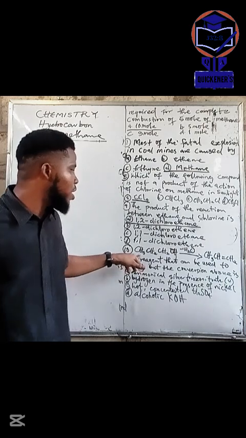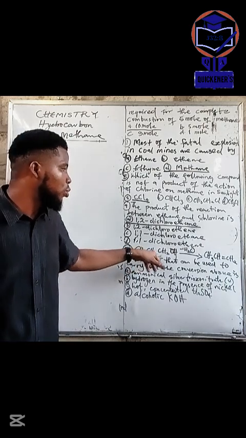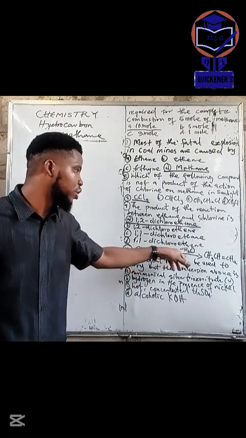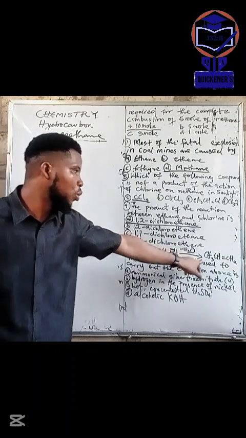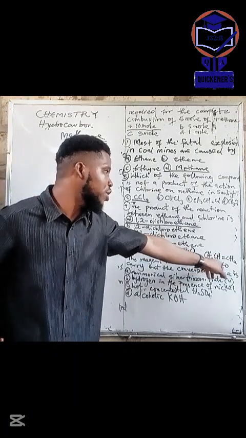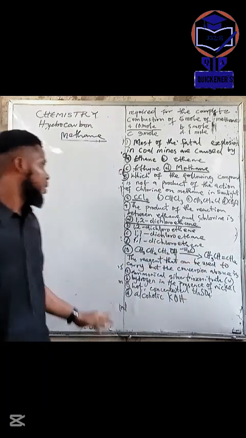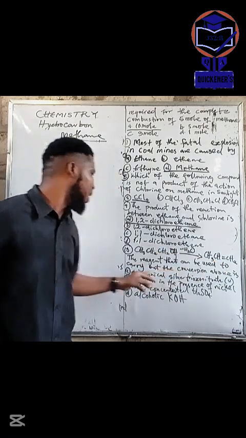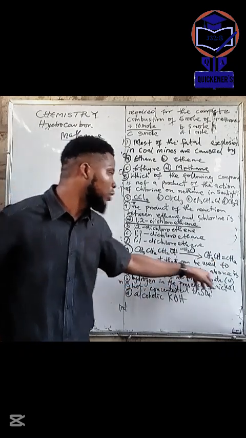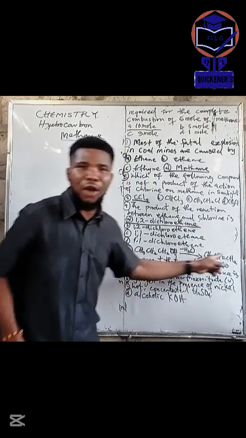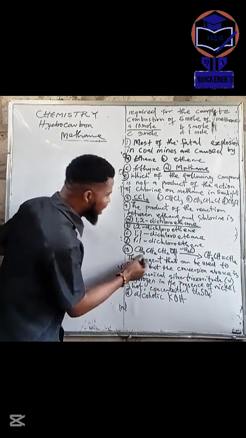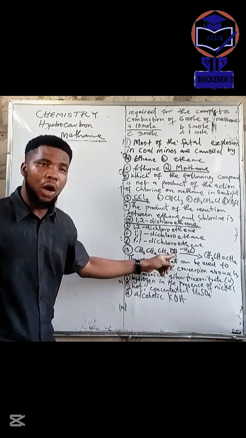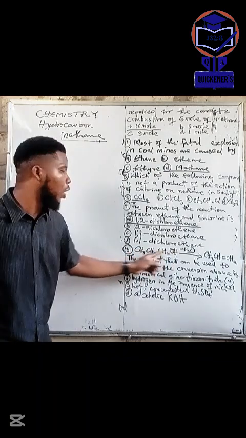this compound CH3CH2CH2OH, minus H2O, gives CH3CH=CH2. Now, the reagent that can be used to carry out this conversion is, now what kind of conversion is this? Now this is an alkanol, 1, 2, 3, propanol.